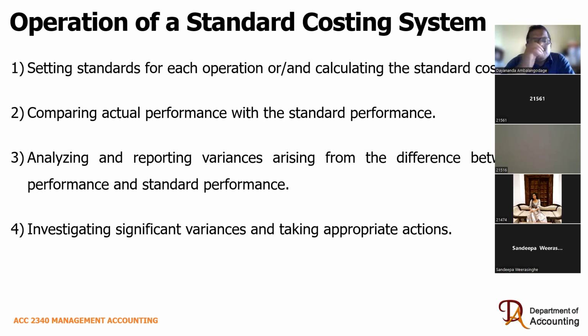Thereby, we can identify the root cause, major variations. We call it management by exception. The root cause for inefficient operation of our business. Then investigate significant variance and take appropriate actions.